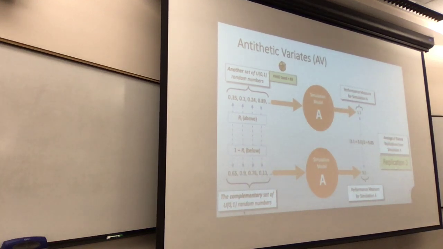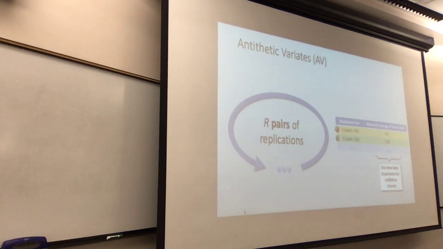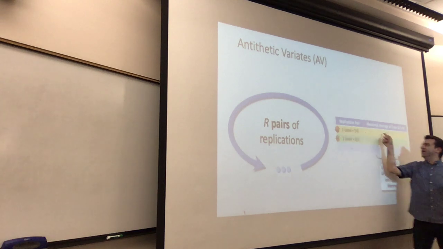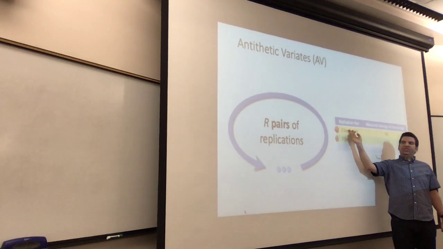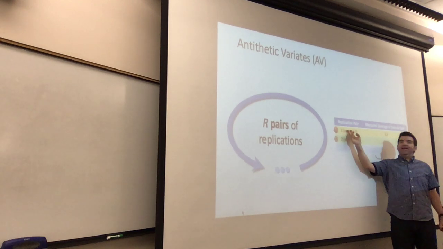Yeah. So for the column of all the different, when you have the confidence interval, do you compare that with the real world system, or do you compare it to the different replications that you did? Well, the replications that you did are what generate each one of these. So I ran these two antithetic replications here, and it gave me this average.